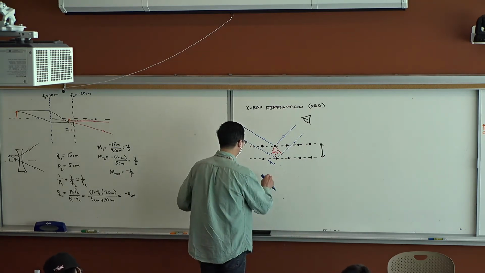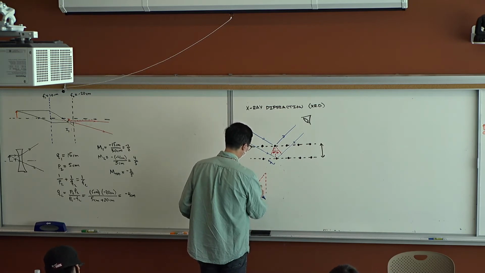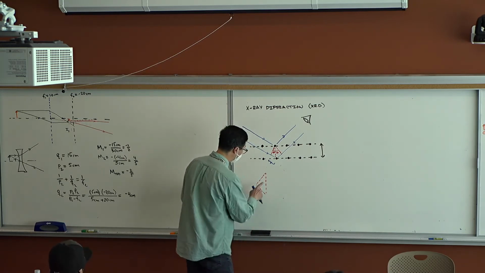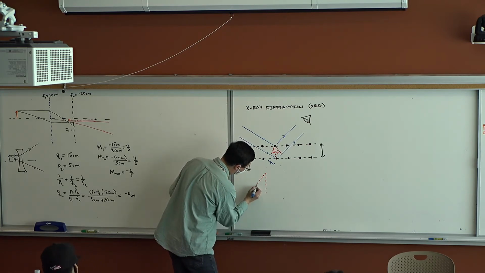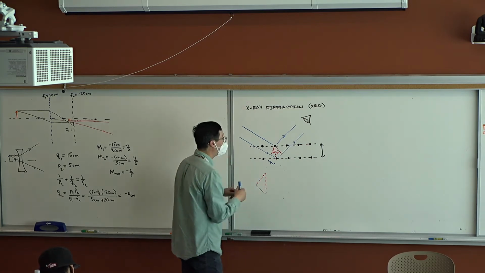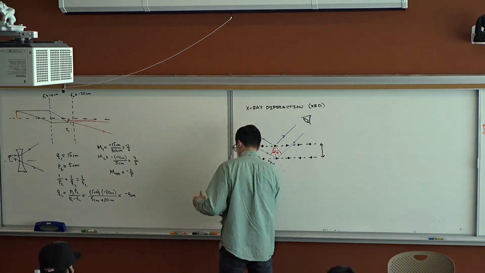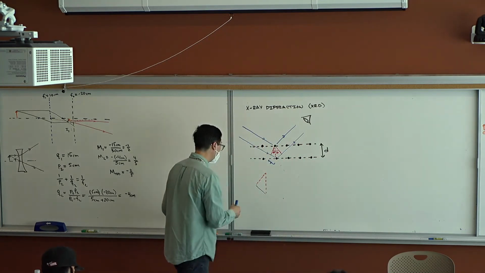This is my poor drawing. Oh, wait. You want that in terms of the distance between layers? Would it have helped if I had actually named it? d sine theta.